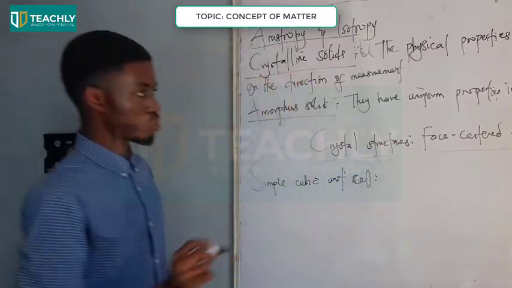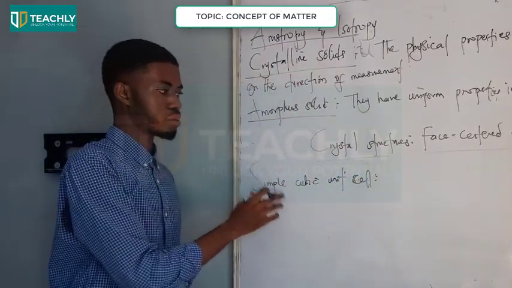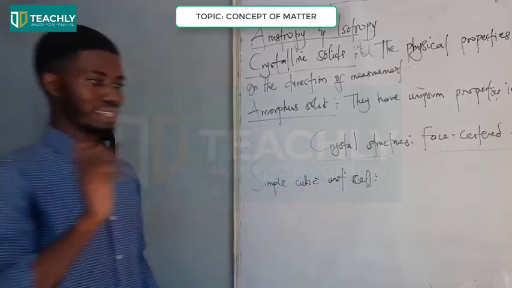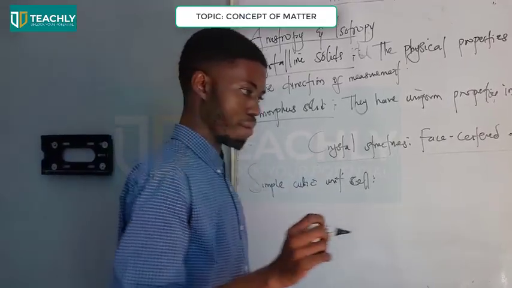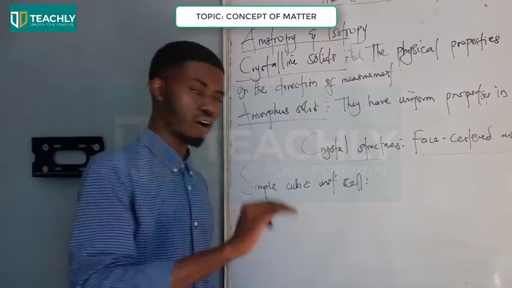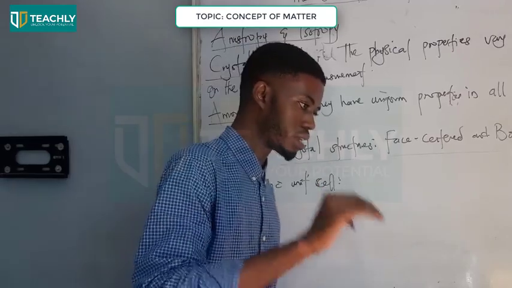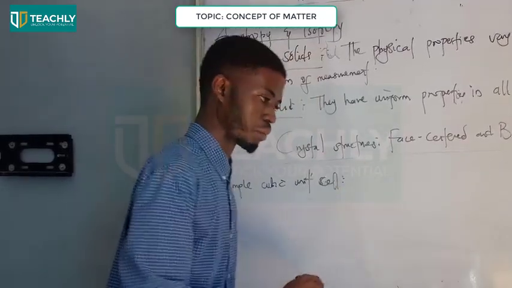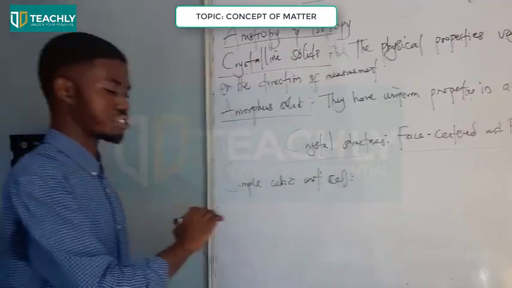Later on, you will understand why I want us to start with it. Atoms are positioned at each corner of the cube, with one atom per unit cell.